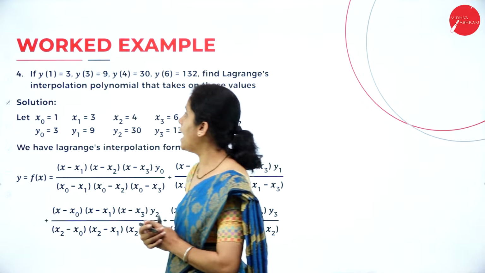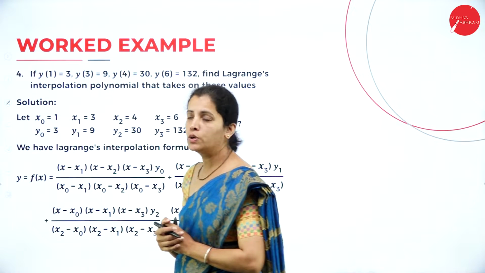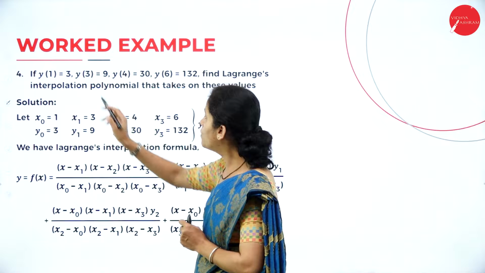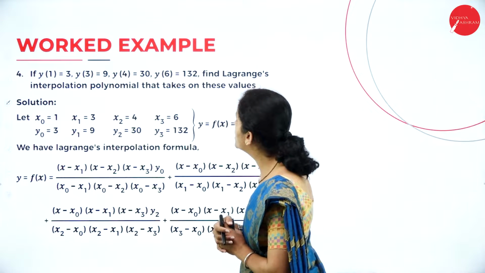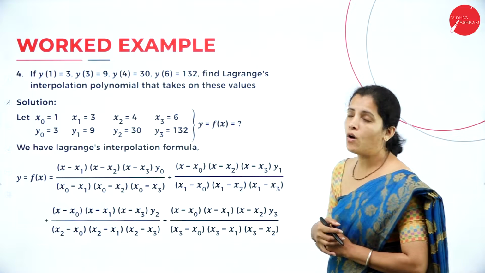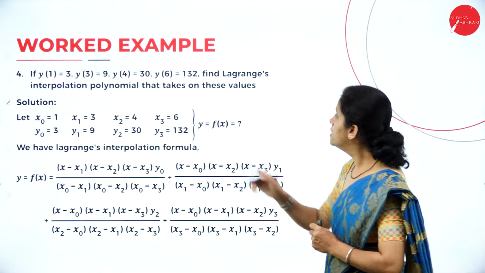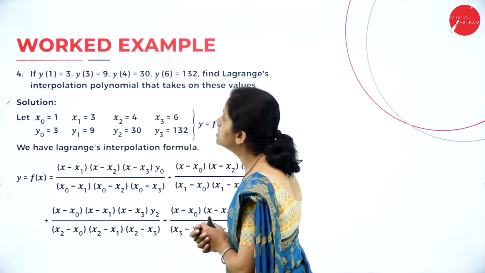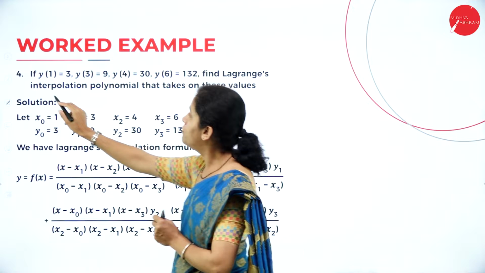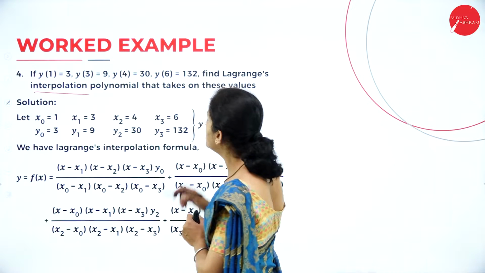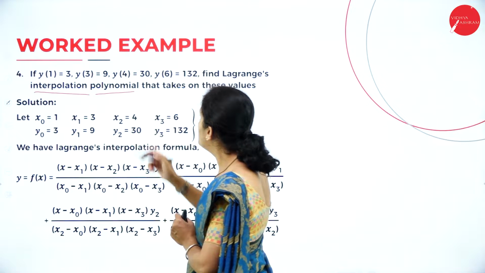That is, I have y of 1 equal to 3, y of 3 equal to 9, y of 4 equal to 30, y of 6 equal to 132. Find Lagrange's interpolation polynomial.